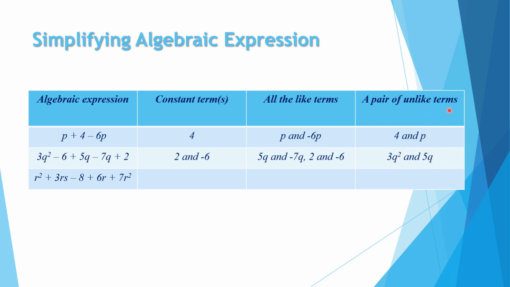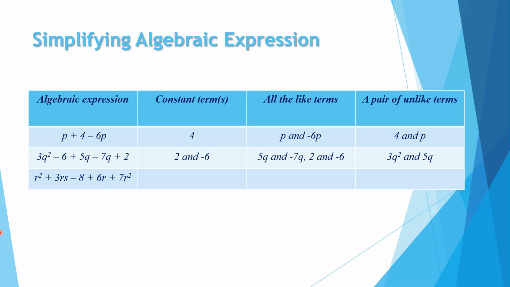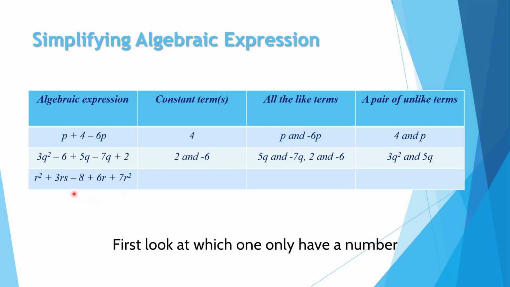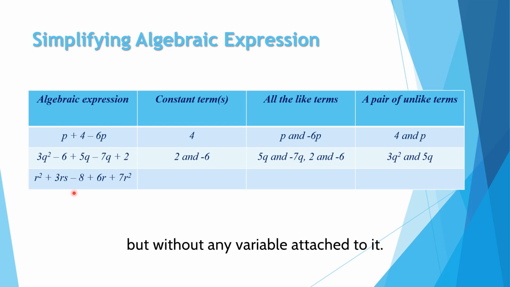So maybe you can try the third example as an exercise. For the constant term, first look at which one only has a number, no matter whether it's a positive or negative number, but without any variable attached to it.